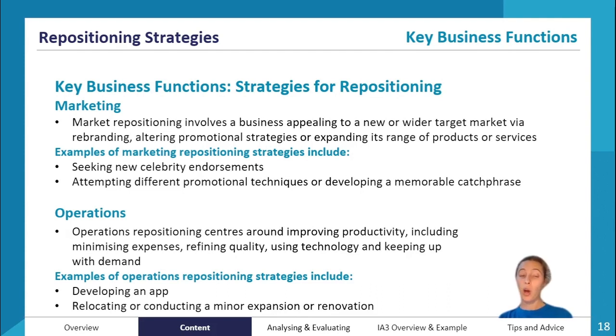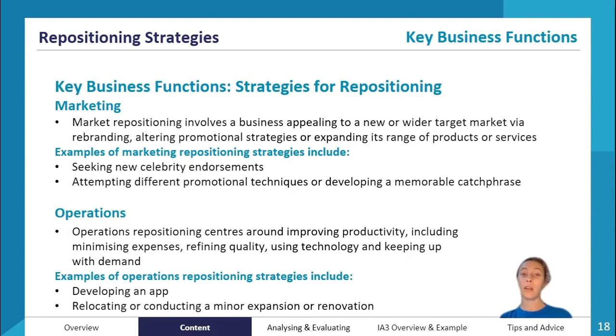And lastly, we've got operations. So operations repositioning is about improving productivity and including minimizing expenses, refining quality, using technology, and keeping up with demand. So that example that I gave before about Woolworths and using AI in that recruitment process, it also is something that falls under operations too.